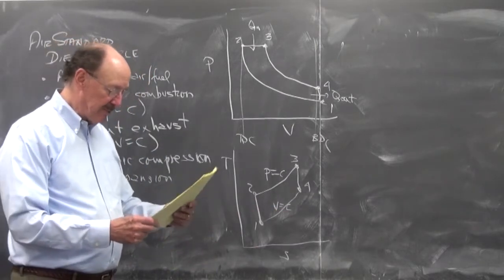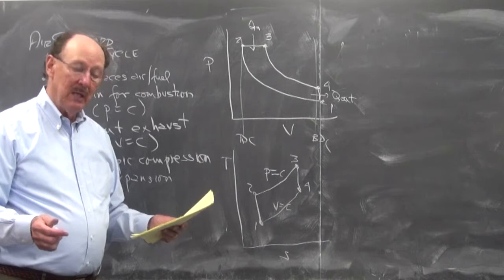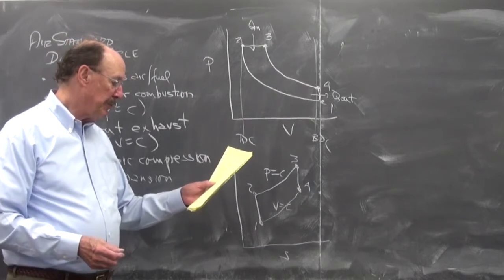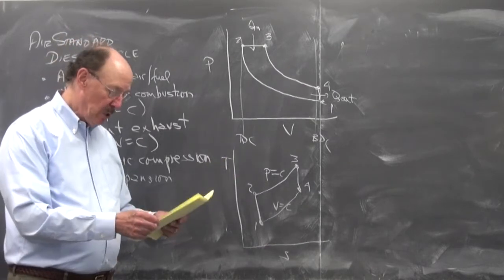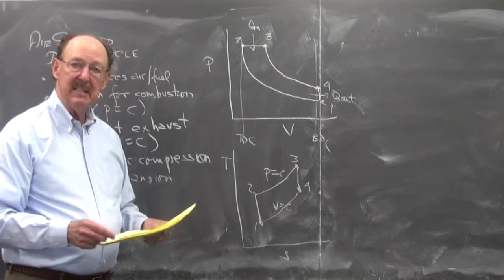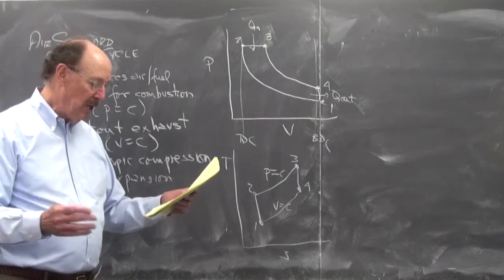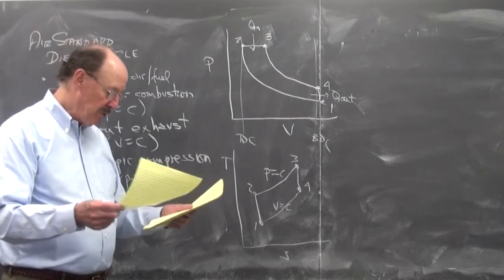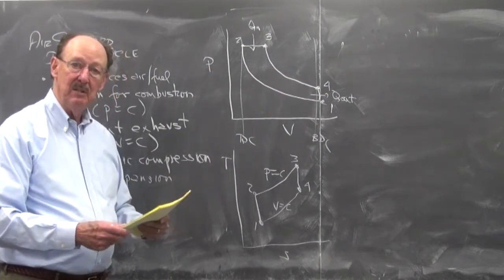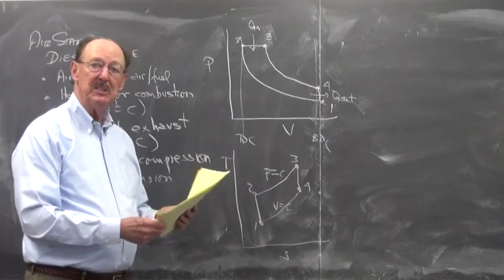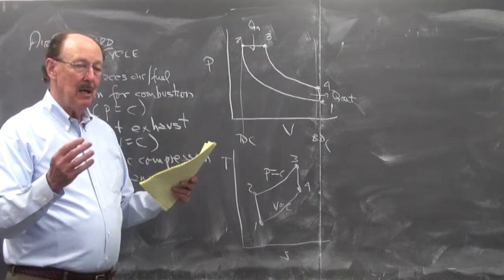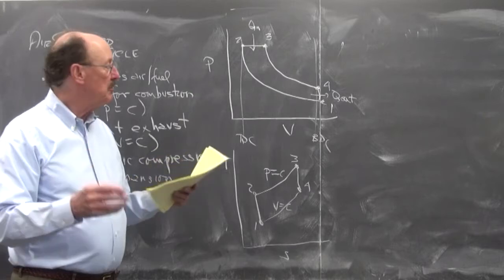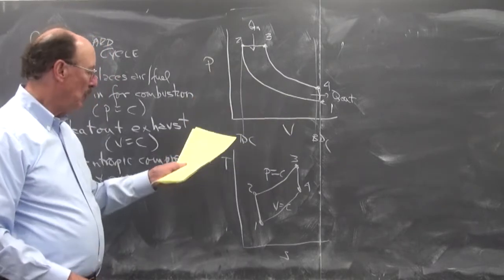But it's not a symmetric cycle. So now let's look at example 13.3 and we'll go through that. Notice that this has the same amount of heat in. We're changing the compression ratio, but we're going to start the same and do a similar analysis that we did for the Otto cycle. And we'll just see how the pressures are different and the temperatures are different, particularly when we go up to this point.